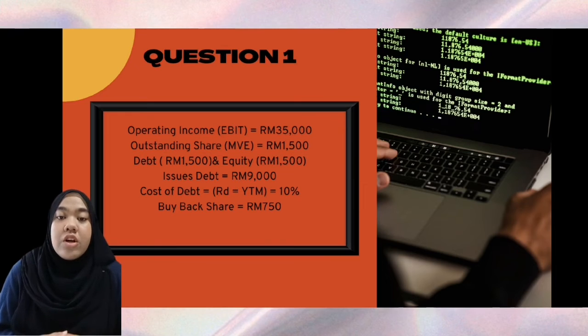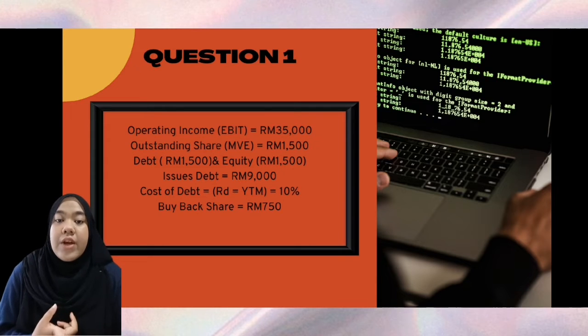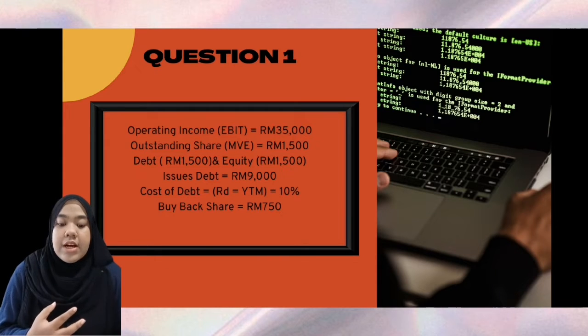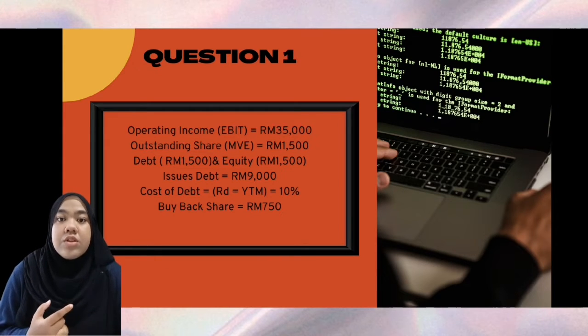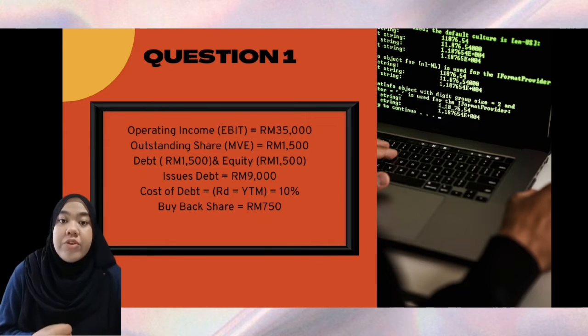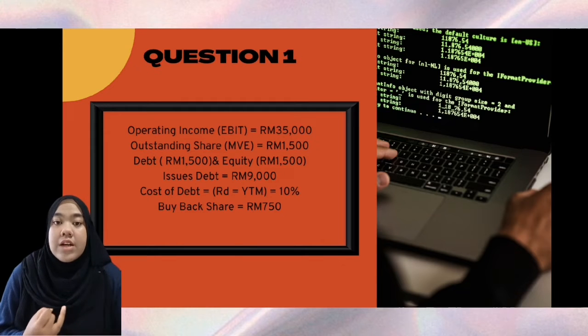Okay, today I would like to talk about question 1, which is Zayden Corporation. In that question 1, we need to find the value and cost of equity of Zayden Corporation. The information that we get is first the operating income, which is EBIT, about 35,000, and then the outstanding share, or also we can call it market value equity, which is 1,500.